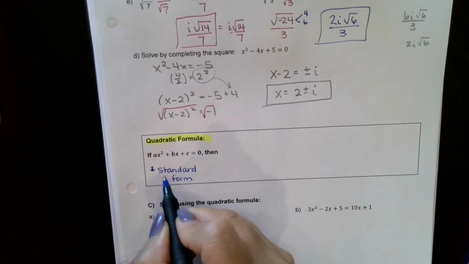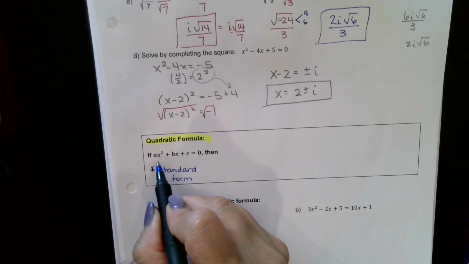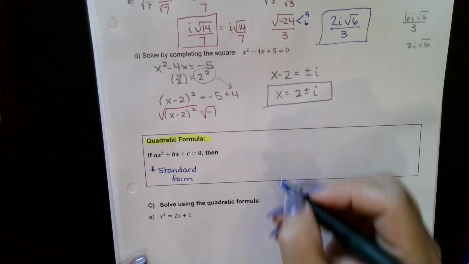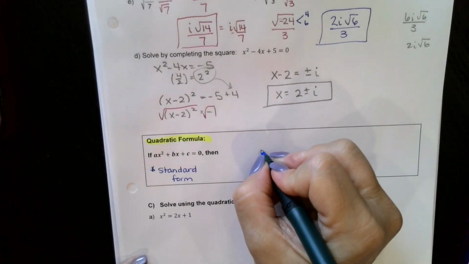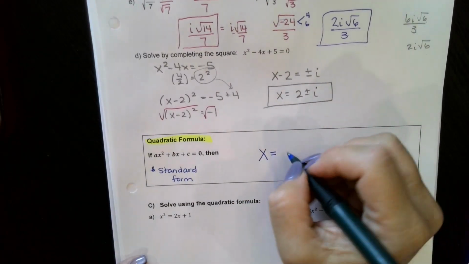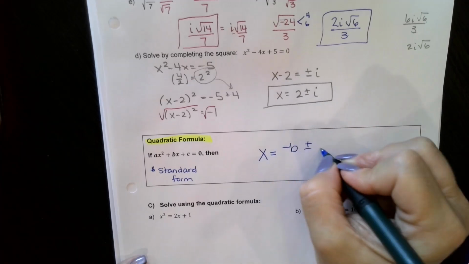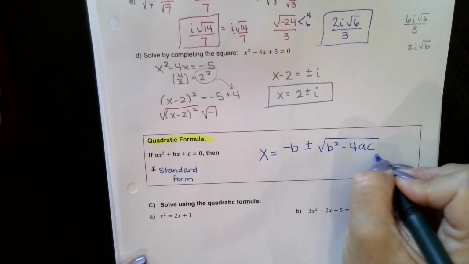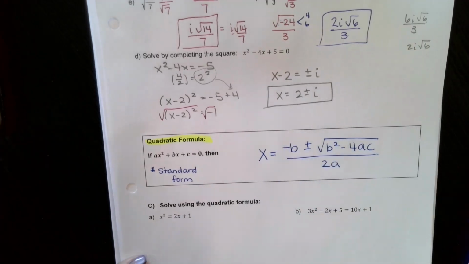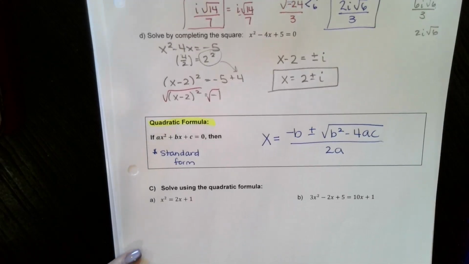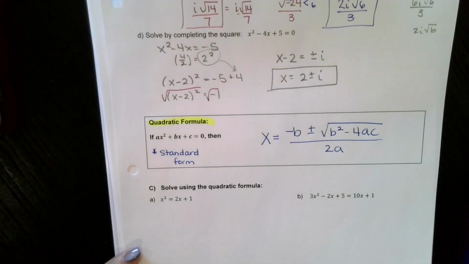And the reason why we have to have it in standard form is so that we're pulling out the a, the b, and the c from the right coefficients. So my quadratic formula is this. I'm going to sing the song. So x equals negative b plus or minus the square root of b squared minus 4ac all over 2a. I know, stupid. Hopefully it gets stuck in your head and you hate it and you remember it, okay?